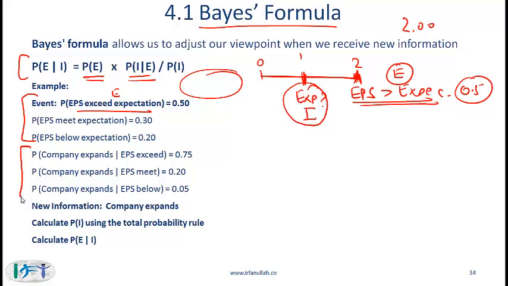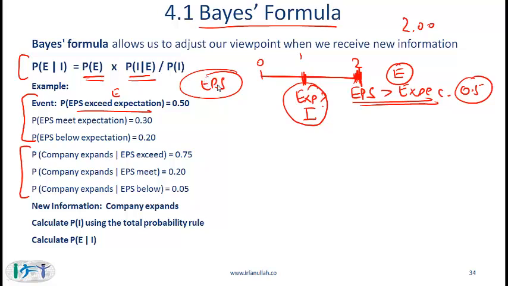Let us also look at some conditional probabilities. The probability that the company expands given that EPS exceed expectations is 0.75. The way you can think of this is as follows. The company management, which is ultimately announcing the EPS over here, already knows the EPS number.